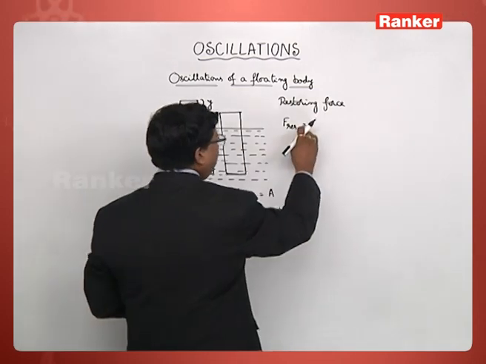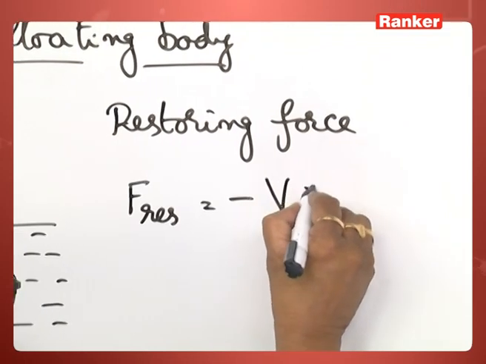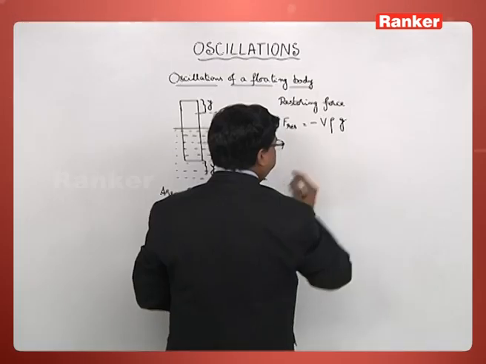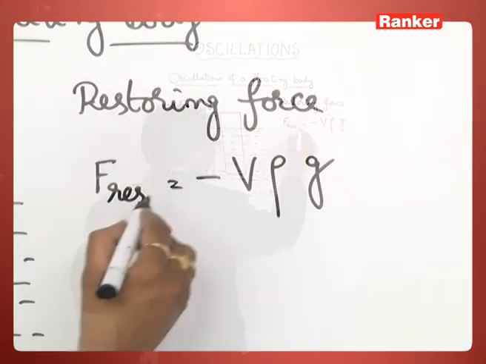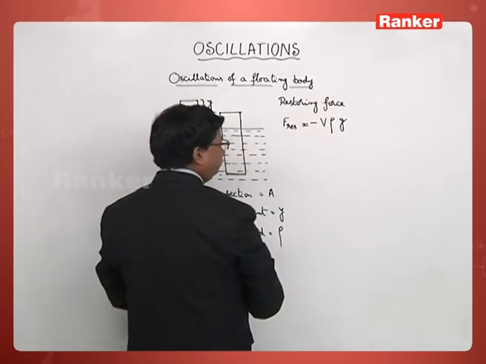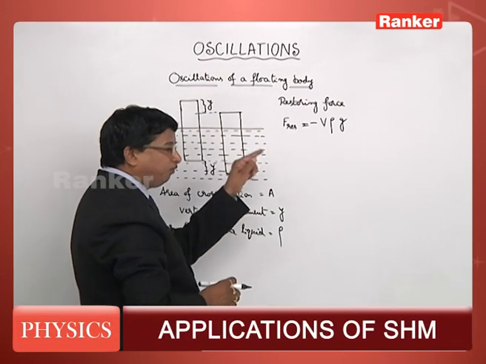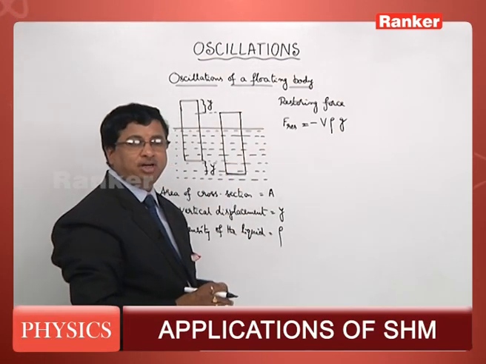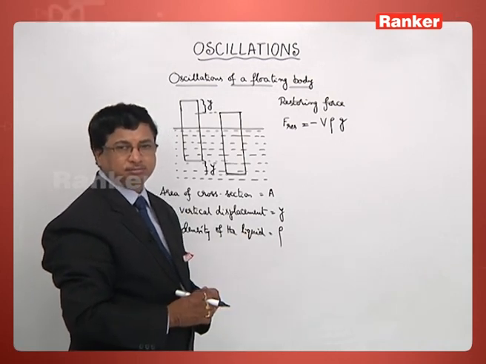So, we now can understand this is nothing other than V rho g. That value of V refers to the volume, rho refers to the density, and g refers to acceleration due to gravity at that place where we are just performing this experiment.